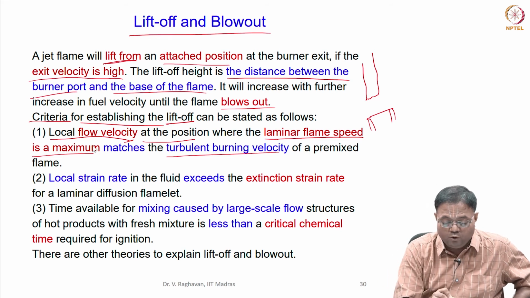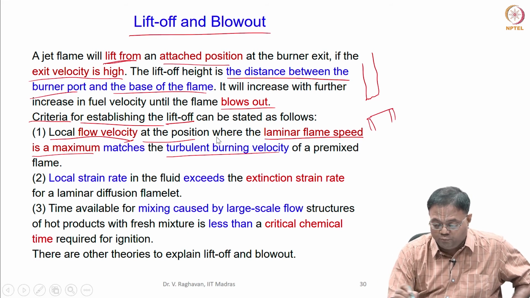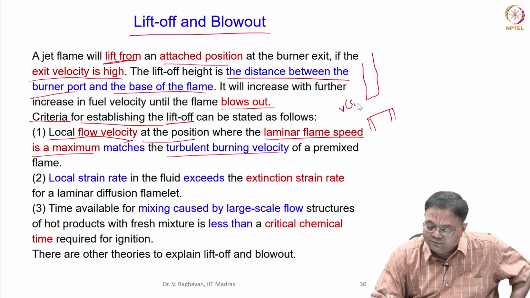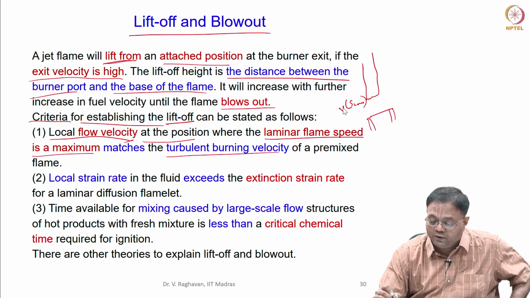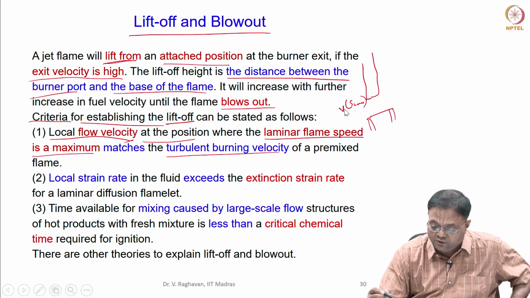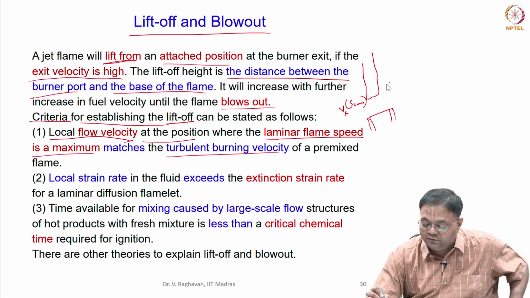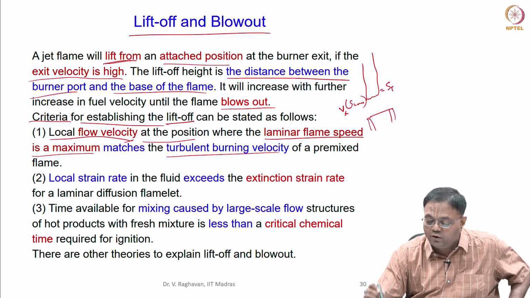So the local flow velocity at the position where the laminar flame speed is the maximum, V where SL is max, at that X location, matches the turbulent burning velocity ST. So this will be equal to ST.